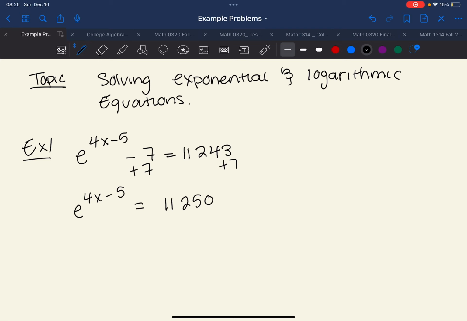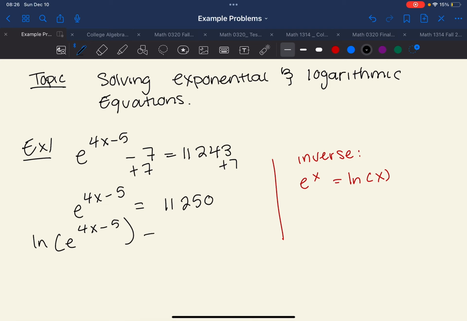So remember that our inverse of e to the x is the natural log of x. So what I'm going to do is I'm going to take the natural log of both sides. So the natural log of e to the 4x minus 5 is equal to the natural log of 11,250.